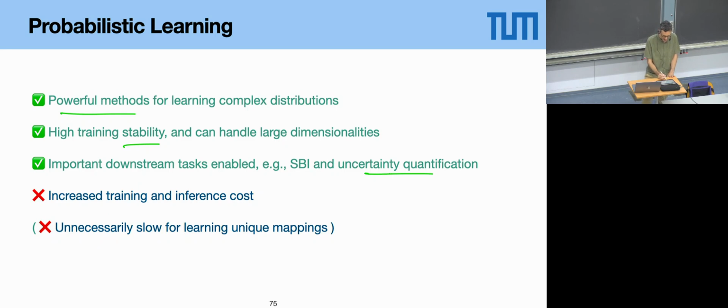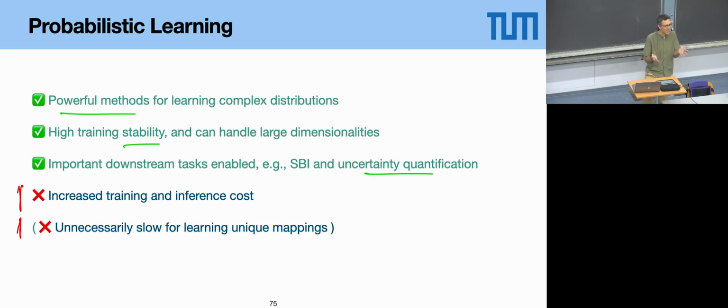Right. That being said, there are also negative aspects. They are more expensive, both for training and for inference. So if your case is actually not probabilistic, if there are no uncertainties, then there's very little to be gained. So in a way, it boils down to the classic challenge: the more you know about your data, the better you can set up the task and make use of it.